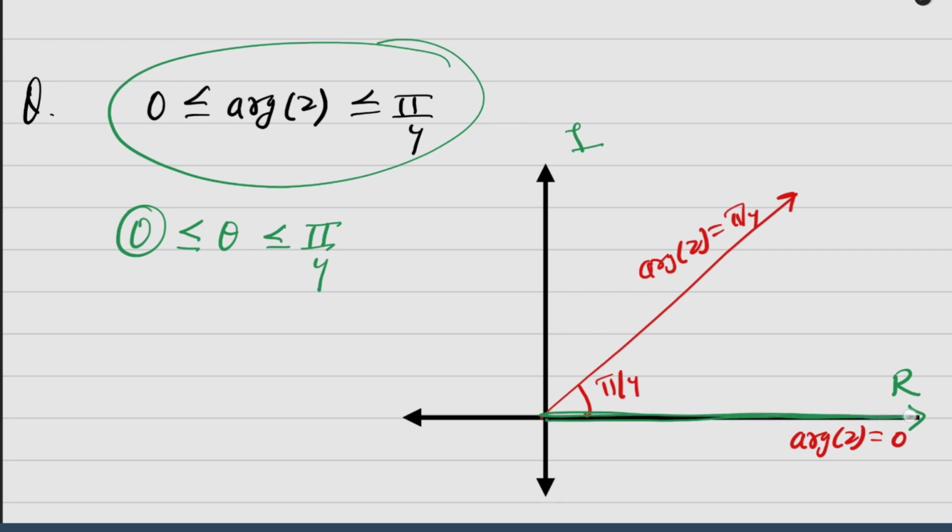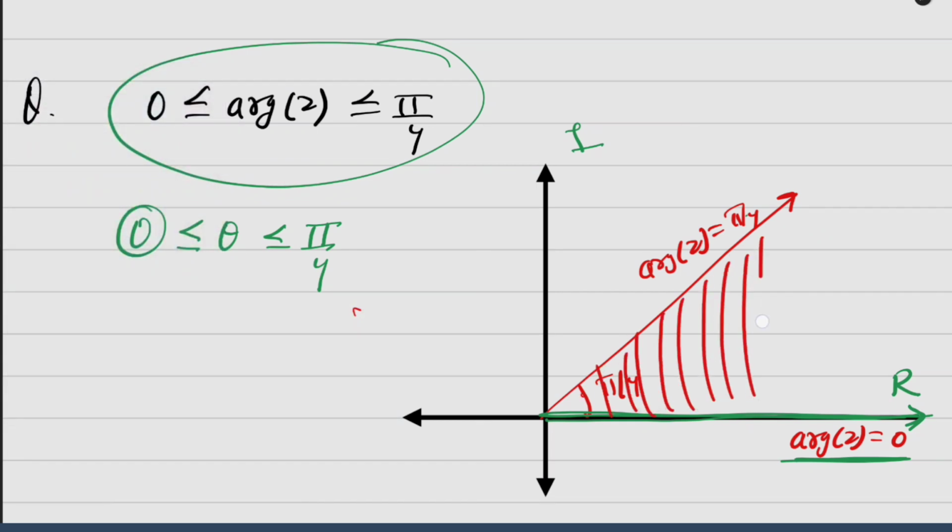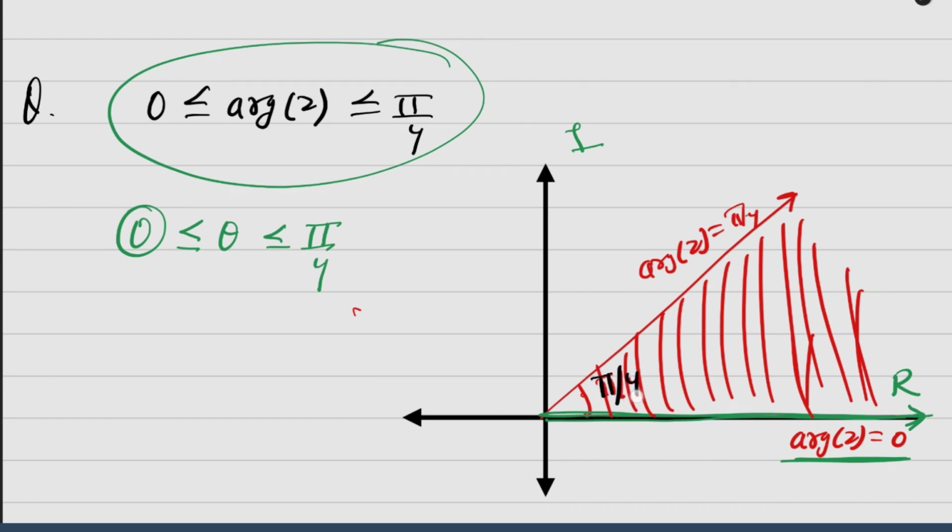So argument of z equal to 0 here. Similarly, argument of z equal to pi by 4 here. So you have to draw a region where theta is greater than or equal to 0 but less than or equal to pi by 4. So the region is this one, the region where argument of z is greater than or equal to 0 but less than or equal to pi by 4.